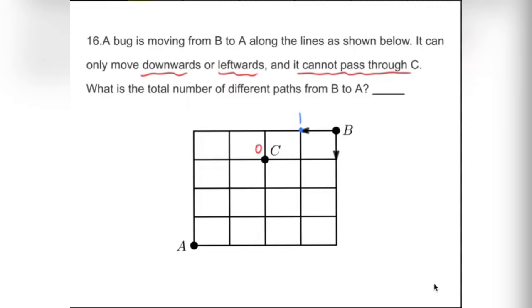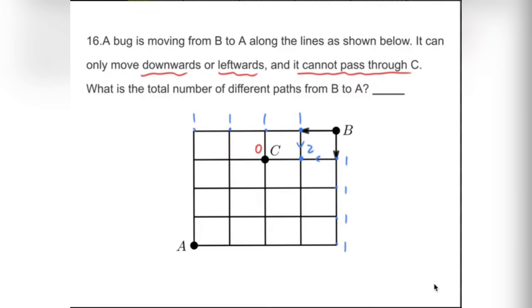So for the same logic, what about the point at the bottom? Here we get 1. Then what about this one? Yes, we have 2 different ways, so that is 1 plus 1, which is 2. Then following this, you can just try to label all the points. But pay attention, point C you need to regard as 0.